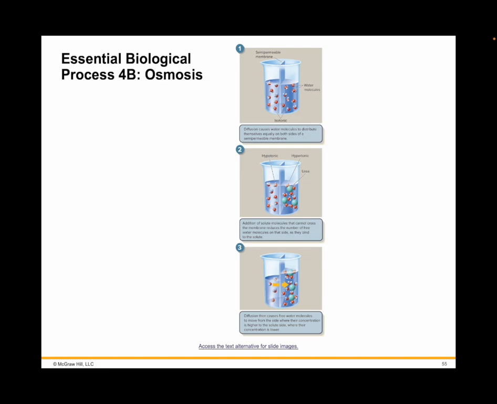Right-hand side, hypertonic. And lastly, the solution with the lower one is hypotonic. So the lower concentration of solutes, hypo or hypotonic, such as on the left in plate 2, as you see it.